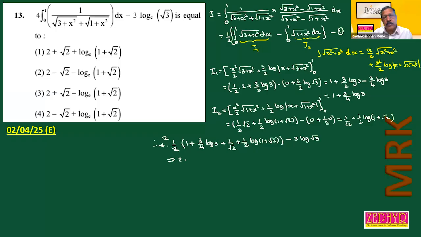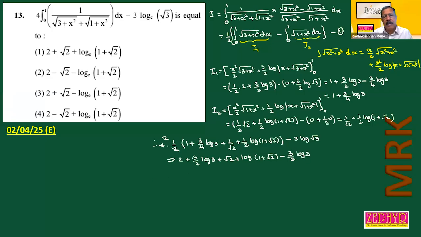So you'll be getting 2 plus 3 by 2 log 3 plus root 2 plus log 1 plus root 2, then minus 3 log root 3 is 3 by 2 log 3.